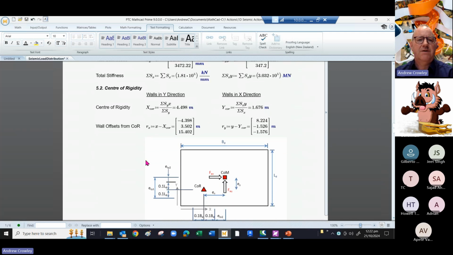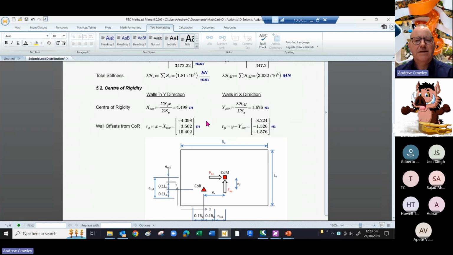From that, we can derive our center of rigidity by summing the stiffnesses and the eccentricities and dividing by the total stiffness. So that gives you the resultant x offset, and similarly a y offset for the walls in the x direction.